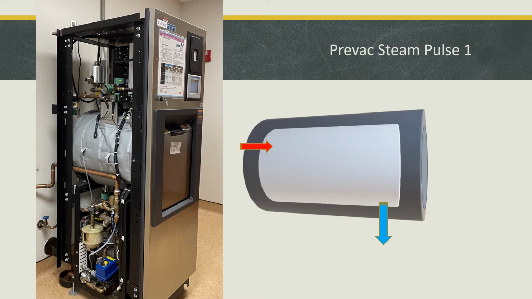Now we need that steam getting everywhere on the instrumentation in order to sterilize it. So with pre-vac, we're going to first do some pulses of steam and then vacuum. And so what we have is a pulse of steam, pressure goes up, temperature goes up, but not necessarily to the same level that we would on the gravity.